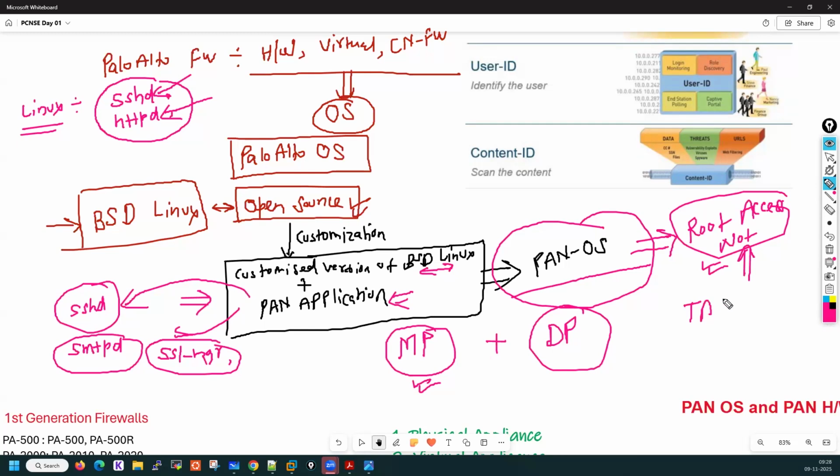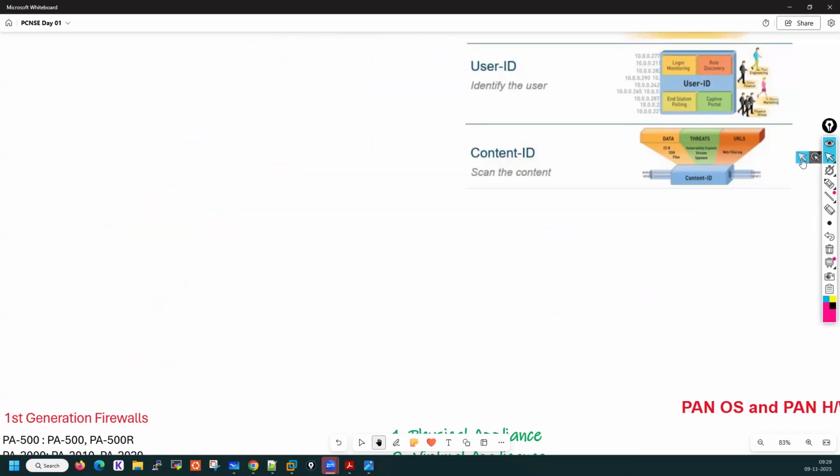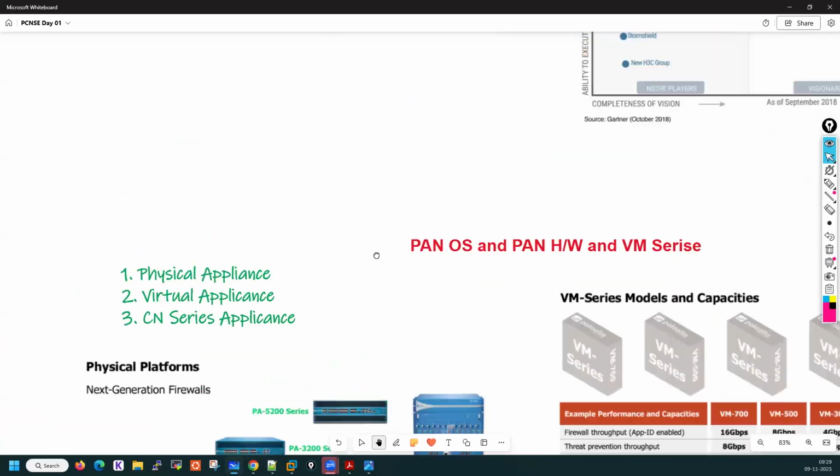Only tech engineers at the tier 3 level are able to get root access, and there is a proper process for that. They have to follow that process, and only then will they get root access and be able to perform root level tasks. So whenever we are configuring the Palo Alto firewall, you do not have root access.